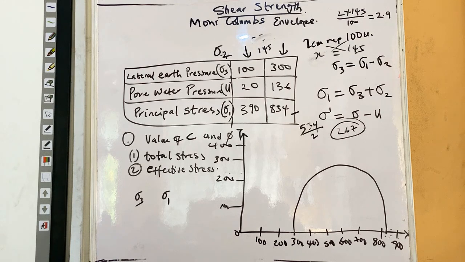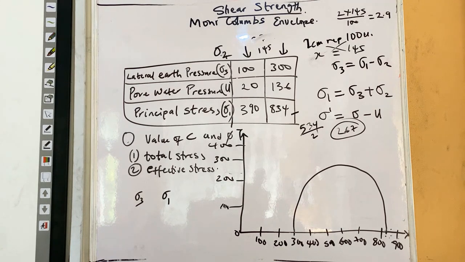This is 0, 100. This is 0. So what am I to do next? He said we should measure 2.9 here. This is 2.9. Just find it.